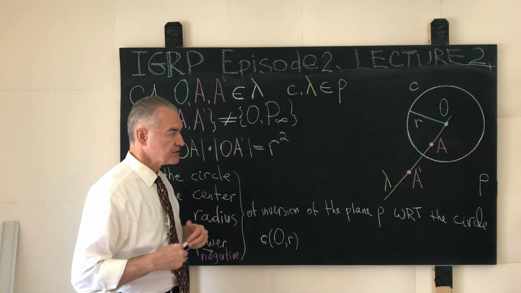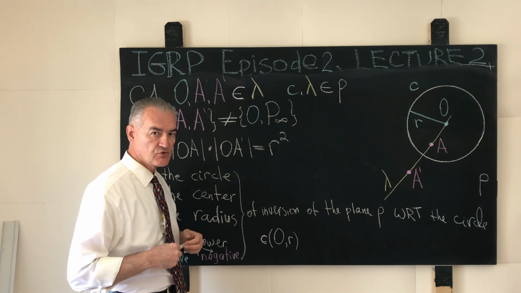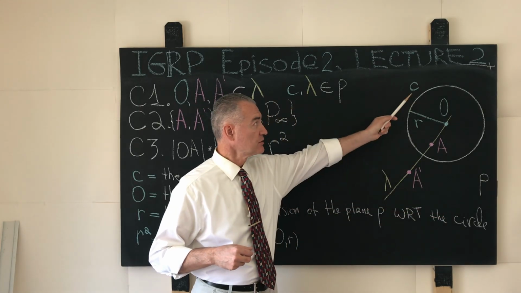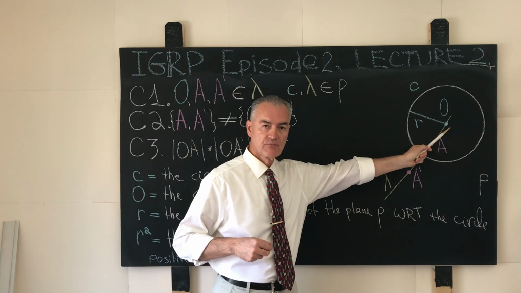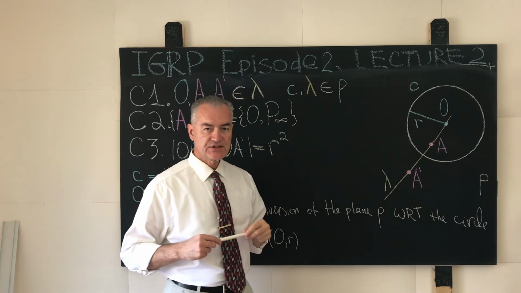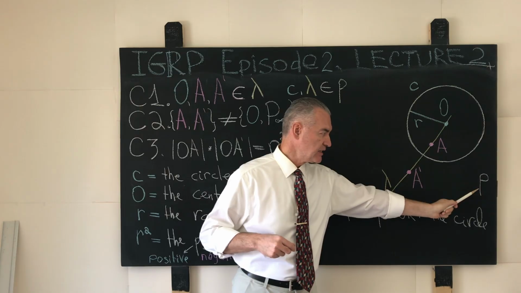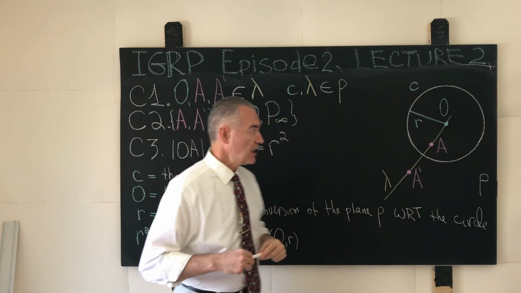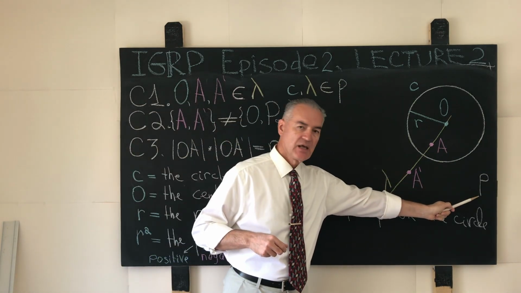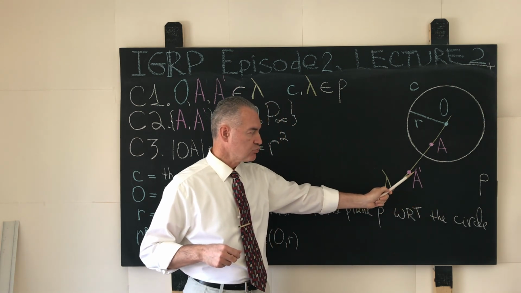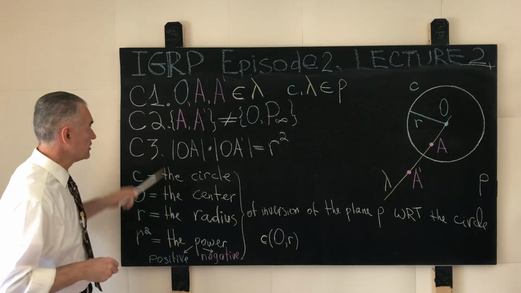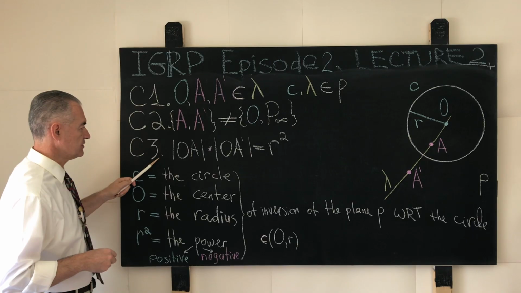That is, let us agree that for the duration of this course, inversion of the ambient plane P with respect to a circle named C that has the point O as its center and R as its radius will be such a transformation of the plane P into itself, under which every point A of the plane P is taken into a point A prime in a way that honors the following three conditions named C1, C2, and C3.